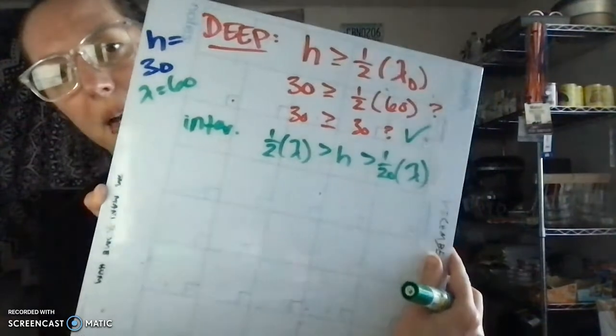So then for intermediate, let's say we want to double check if 1/2 of lambda is greater than the height, and is that greater than 1/20th of lambda? I've written down my relationship. That's the relationship we're going to check. Okay, so then you plug your numbers in. So 1/2, oops, not 1/20th. 1/2 of lambda, that's 60. Is that greater than 30? And is that greater than 1/20th of 60?